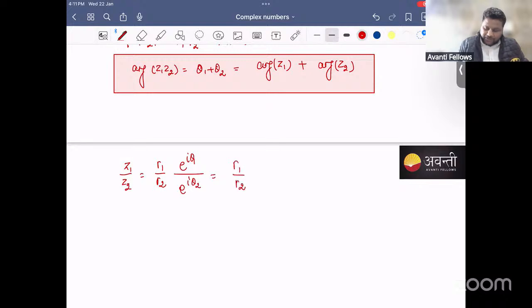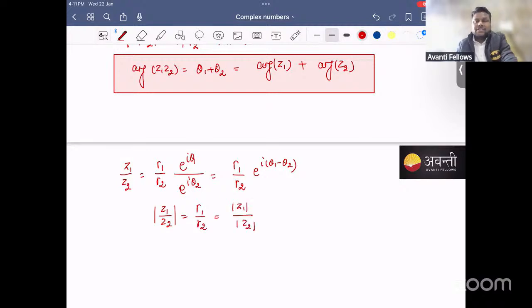That is r1 upon r2 e to the power iota (theta 1 minus theta 2). Got it? So magnitude of z1 upon z2 is very clearly r1 upon r2. That is magnitude z1 upon magnitude of z2. Am I clear?